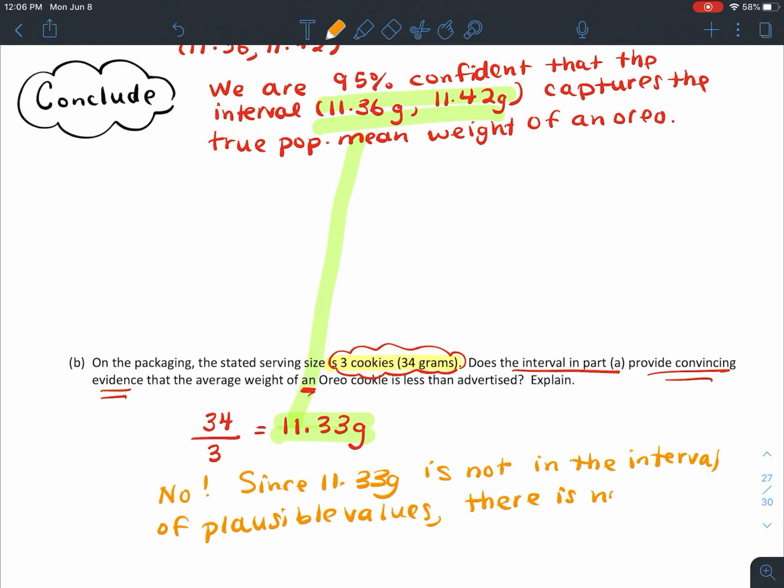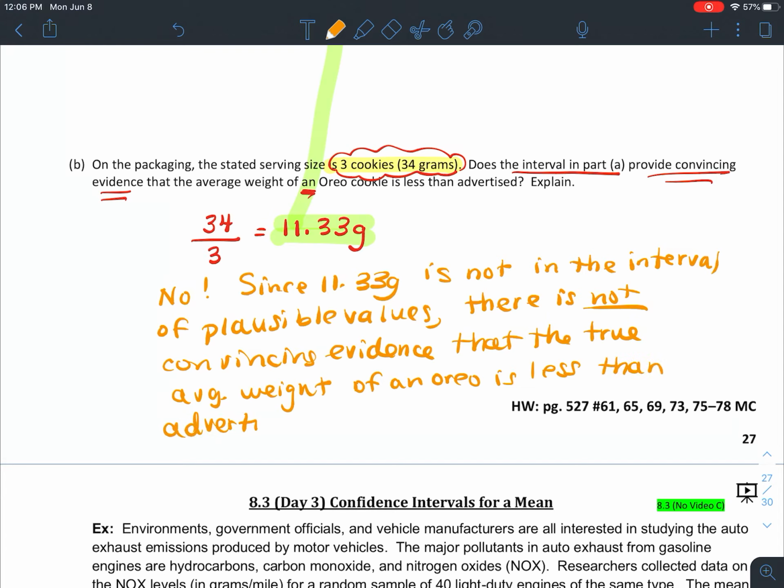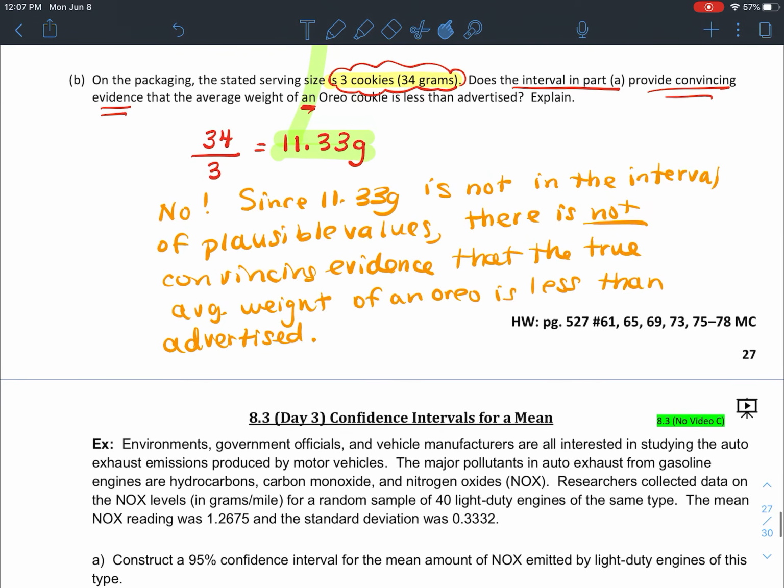We're going to say there is not convincing evidence that the true average weight of an Oreo is less than advertised. Okay. In fact, all the values in our confidence interval were greater than what they are advertising.